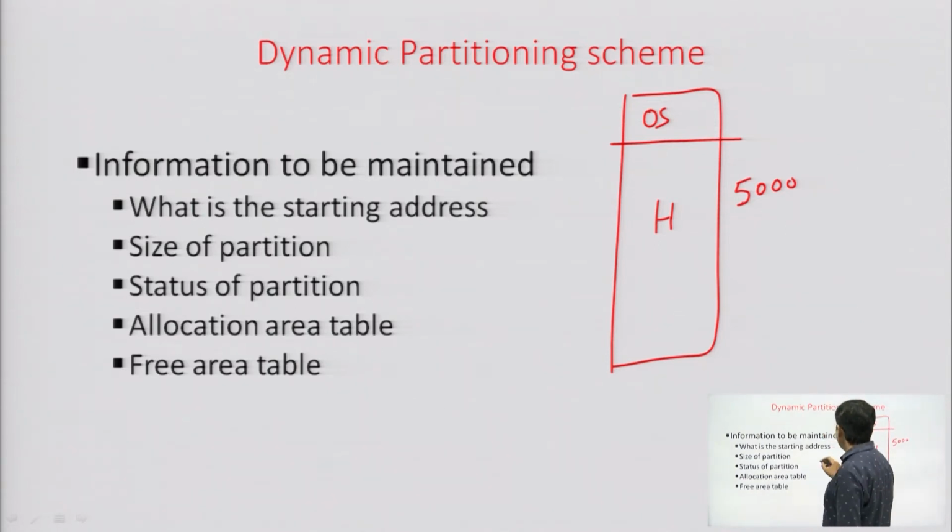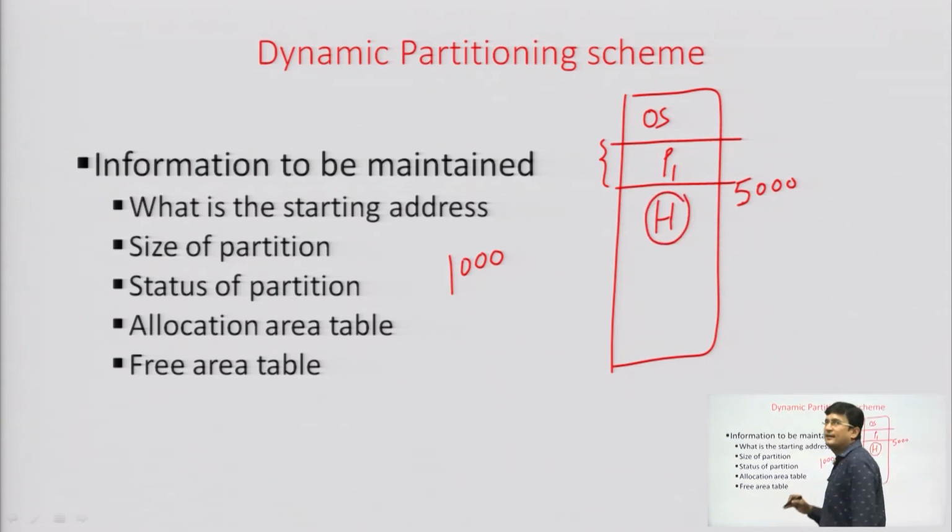Let us say a process comes, of size 1000 bytes. Then you will create a partition here and put the process here, let us say this is process P1. So, the lower region of memory is occupied by P1 and the higher memory region is free, which will again be a hole, of size not 5000 but 4000.